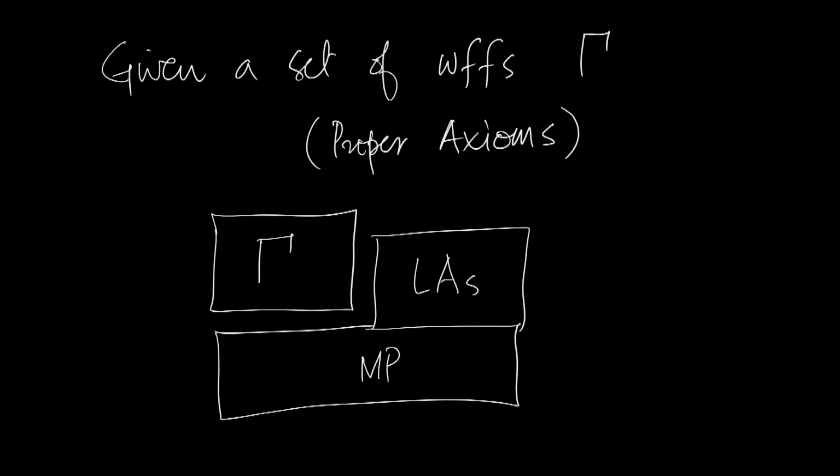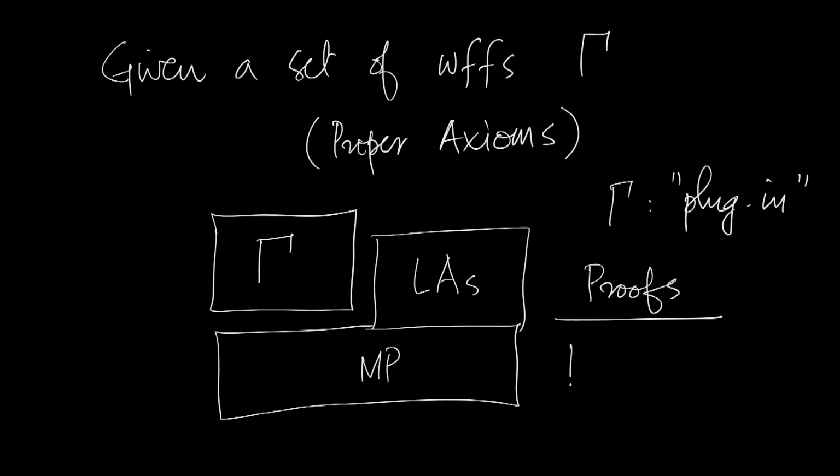So here gamma is rather a plugin. You can change the set of proper axioms that you have. When you change gamma, the conclusions would change. Then with this system, with gamma, the logical axioms and modus ponens, you can write what are called proofs.